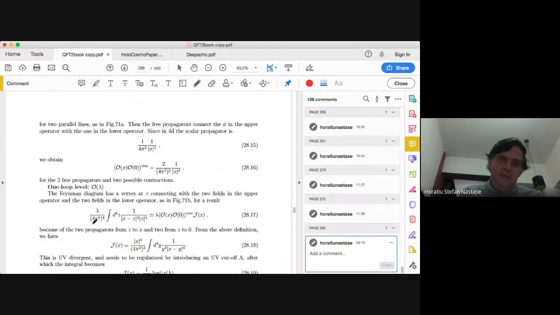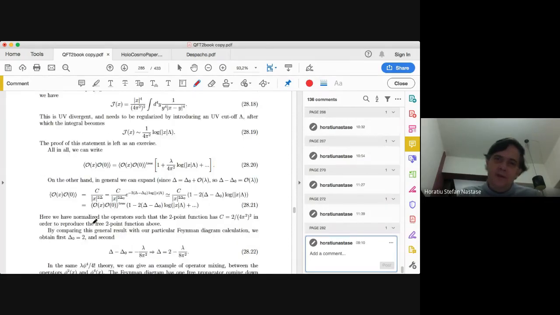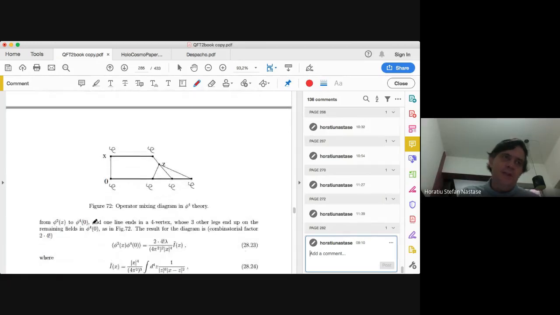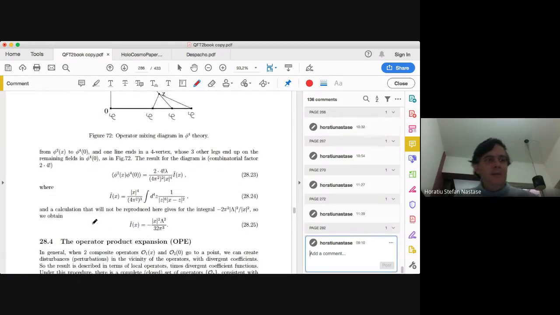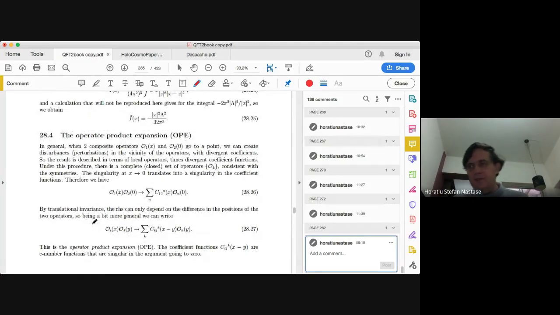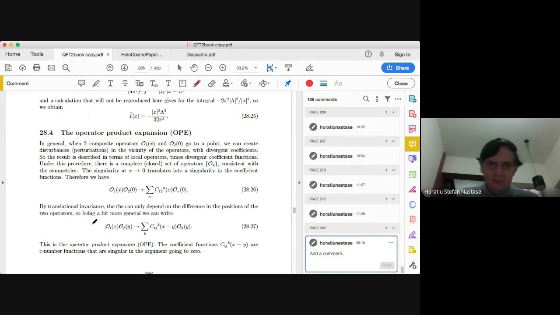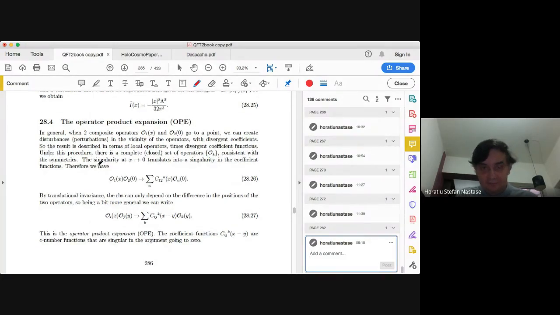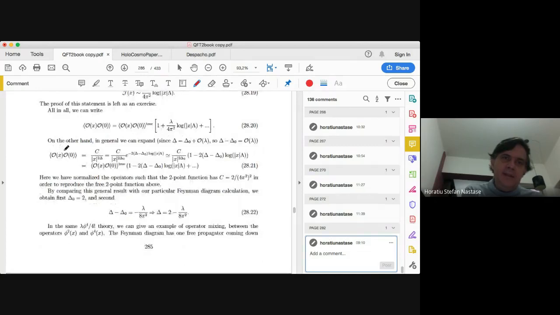So in general, an n-point function will be divergent the same way as the n-point function of fundamental fields is divergent when the points go close to each other. But the divergence is in x, right? So the divergence is in the position.